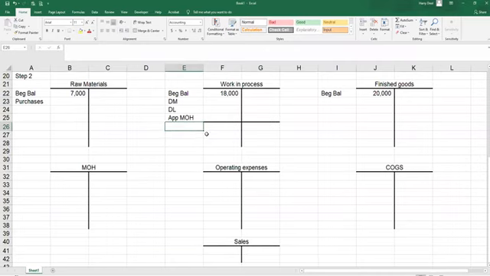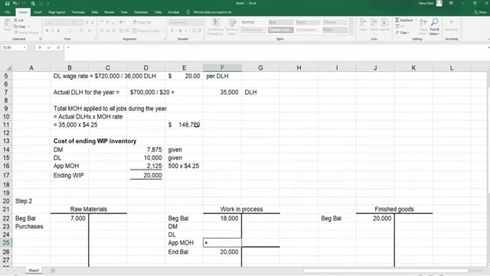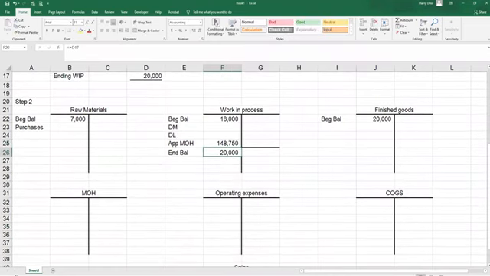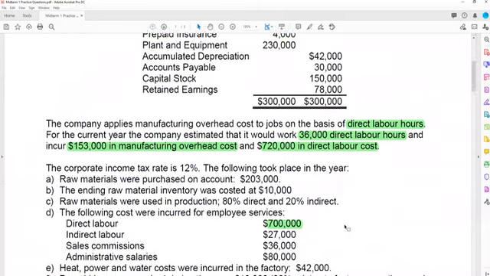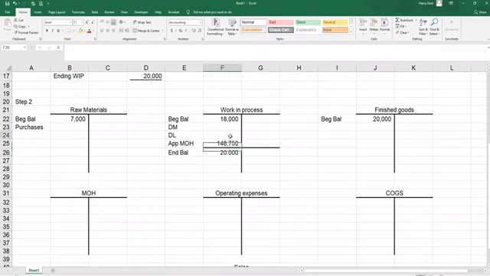And so work in process will have an ending balance at the end of the year, which we have calculated to be $20,000. The applied manufacturing overhead to all jobs is $148,750. The cost of direct labor for the year we already saw is 700,000, so we can put 700,000 for the cost of direct labor.